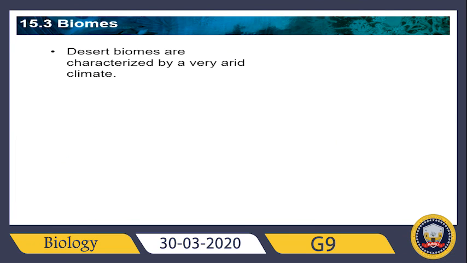So desert biomes are characterized by a very arid climate. Arid means, guys, very dry, with dry air. You know, the dry air. This is arid. So there is a very low amount of precipitation. It may not reach 25 centimeters per year. Okay.